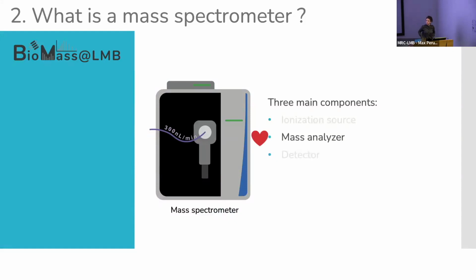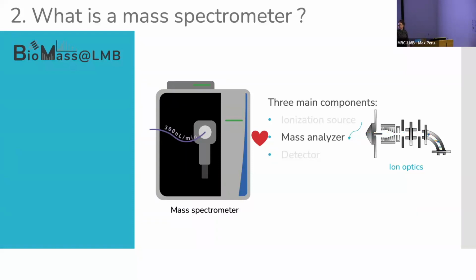So what's the second component? The mass analyzer. This is considered to be the heart of the mass spec, and again, there are many mass analyzers available. Obviously the mass analyzer needs to be bridged to the entry of the mass spec, and this is done by ion optics. Basically, it looks something like this.